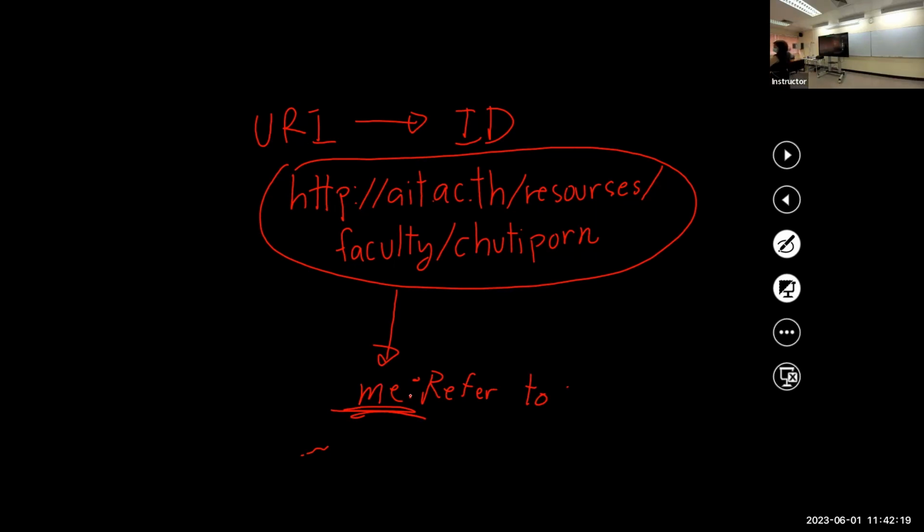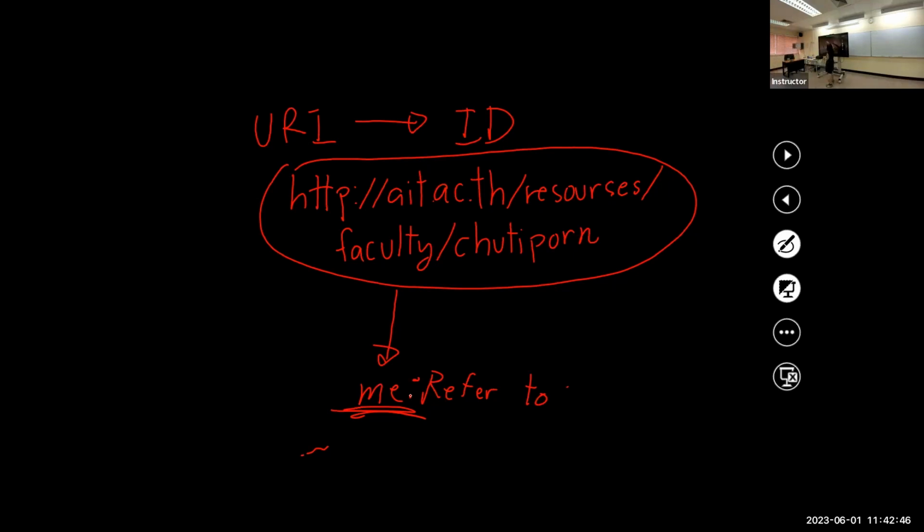And suppose I define this mechanism for every human resource: staff, faculty, student, and so on. We'll use this. It looks like an address on the web, but if you type this in a browser, will you get something? You never will, right? Because there is no web page for you to get.